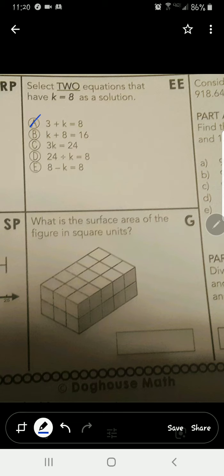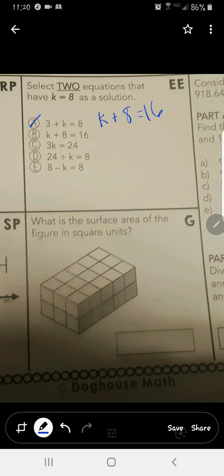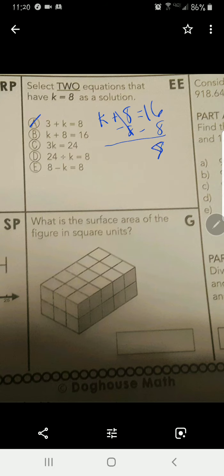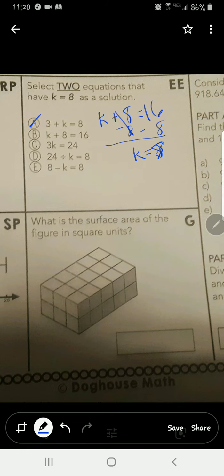Okay. Let's see. k plus 8 equals 16. So inverse operations again. 16 minus 8 is 8. So that equals k. So B is a solution.